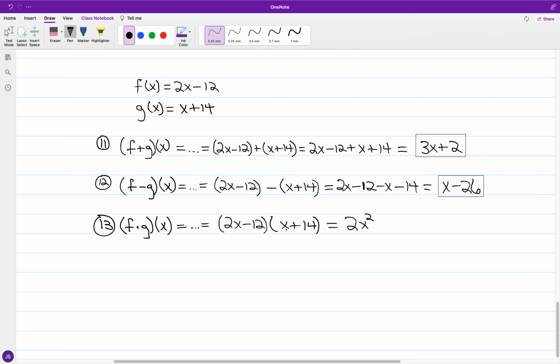And we have for the outside product, 2x times 14 is 28x. Inside product is going to be minus 12x, and joining together, okay, you got 28x minus 12x, so that will be 16x. And the last product, we have negative 12 times 14, so this will be a minus 168.